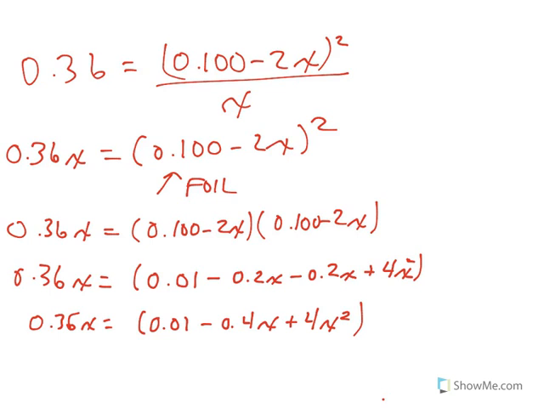So after foiling, I should have that. Then what I'm going to do is subtract 0.36x from both sides so I get my 0.